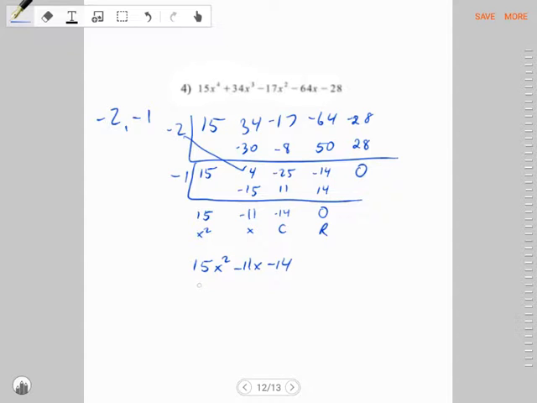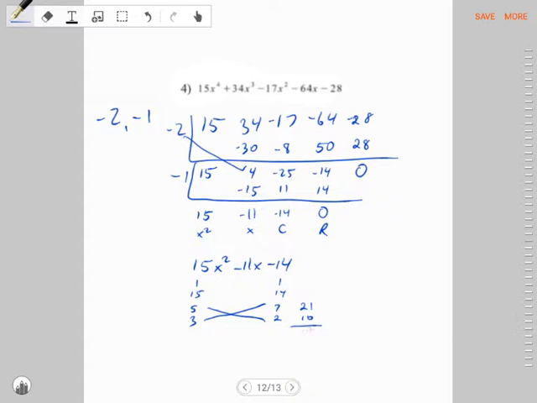And how I do that: factors of 15, so 1 and 15, 5 and 3. Factors of 14, 1 and 14, 7 and 2. I'm looking for factors that subtract to 11. And if we do that, oh, look, there it is. 3 and 7, that makes 21. 5 and 2, that makes 10.